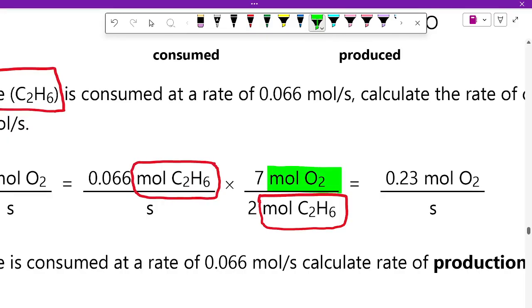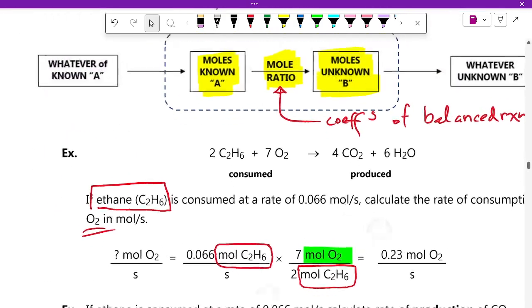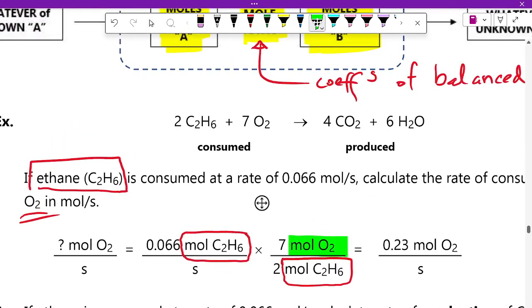And where do I get the conversion for that? I have to go back to my balanced equation and say for every 2 moles of ethane, I use 7 moles of O2. Are we good with that?